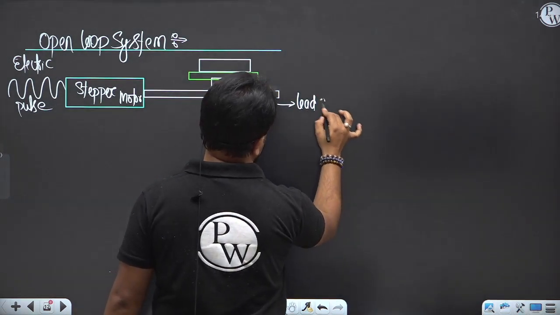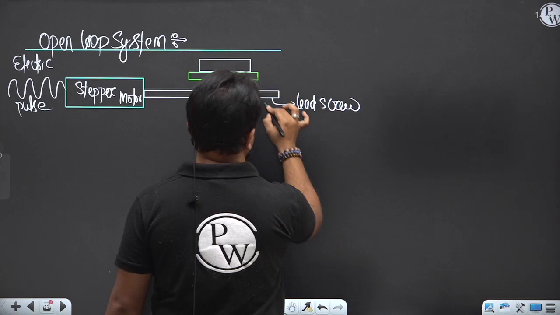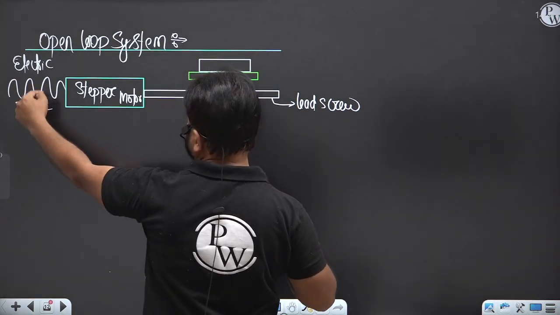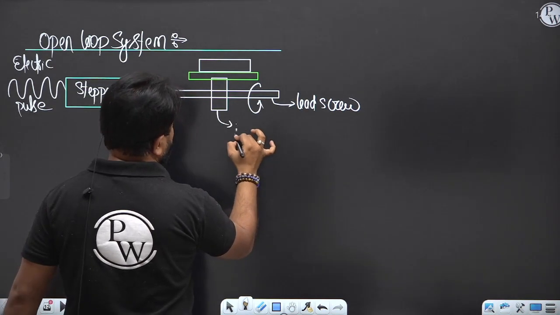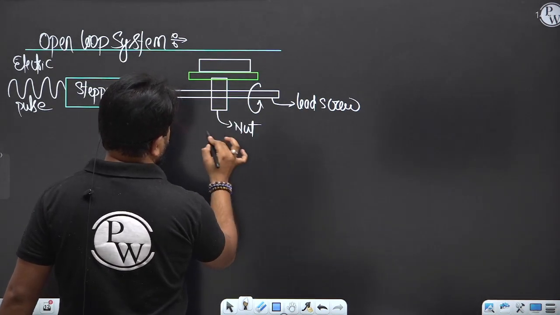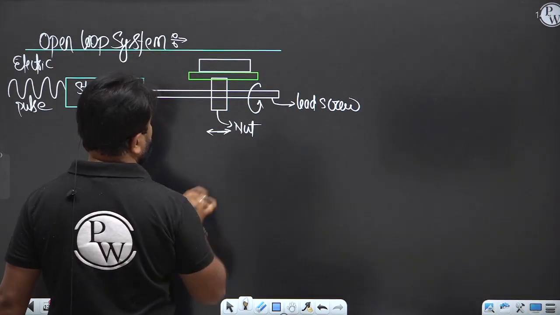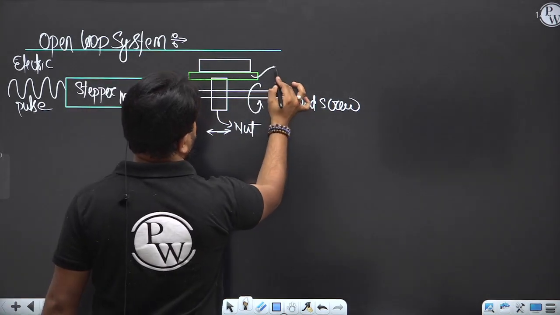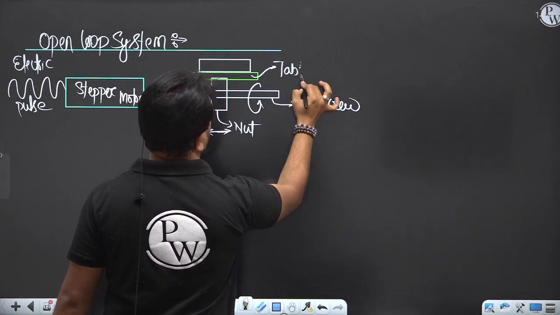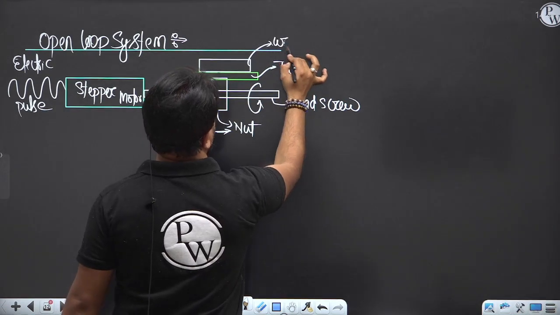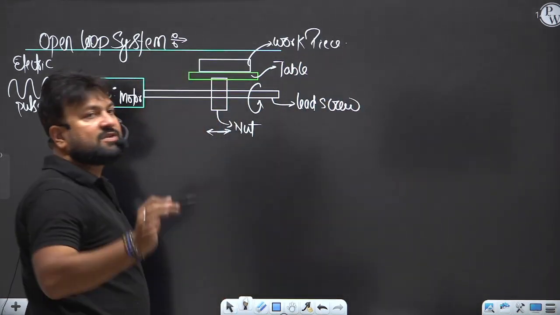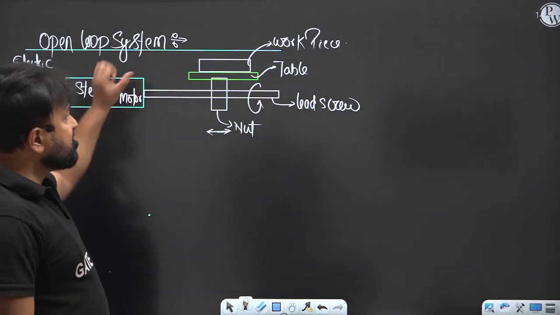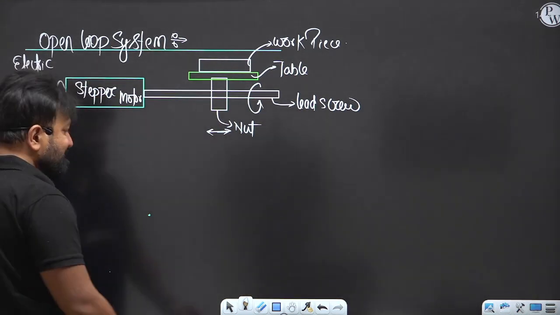When the pulse is received by the stepper motor, the lead screw will rotate. This is, my dear, the nut, and it will do a linear motion. And this is the table, and this is the workpiece which moves. So this is the open loop system.